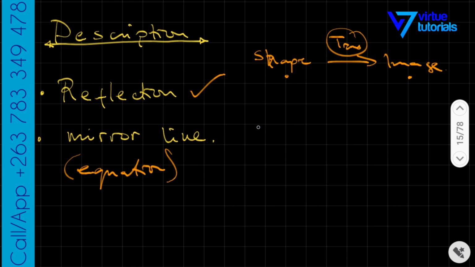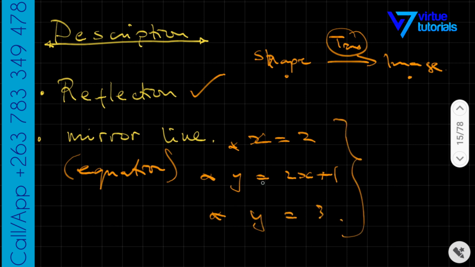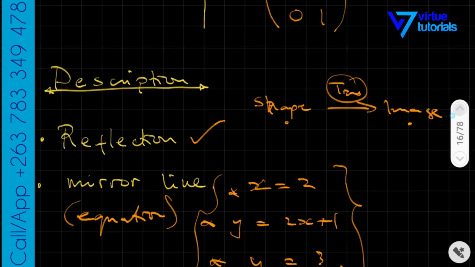For example, I can have a mirror line which is x is equal to 2, or a mirror line which is y is equal to 2x plus 1, or a mirror line which is y is equal to 3, etc. You write the equation of that mirror line. Only these two things are required when you're describing a reflection.